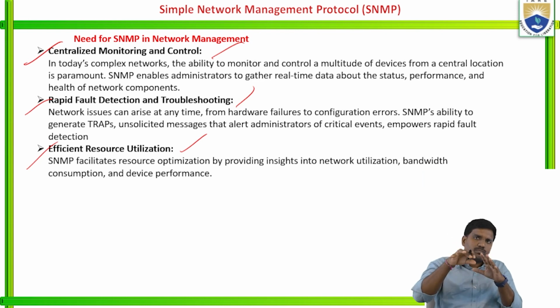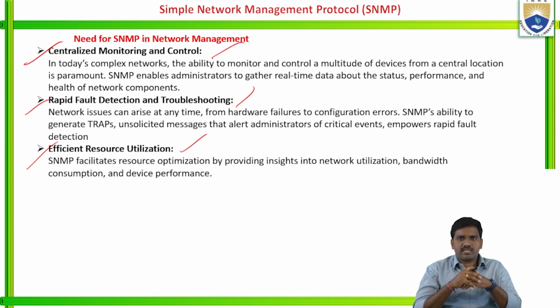The first one is centralized monitoring. Centralized monitoring means there is no failure of the systems and no lack of information from the transmitter to receiver. This activity can be provided by the centralized monitoring system. That's why it is one of the needs, along with fault detection, and we have to solve troubleshooting problems also.